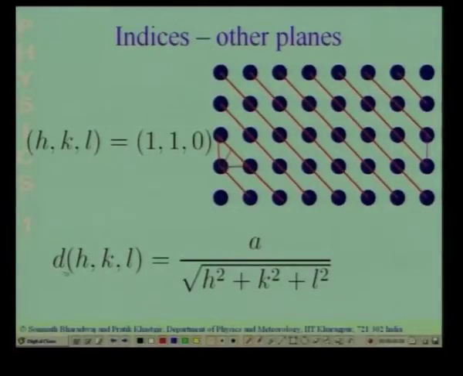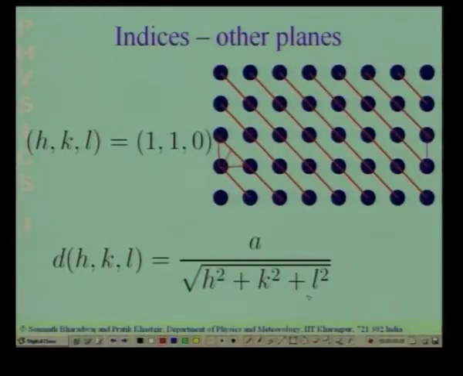So, in general, the interplanar spacing d, which depends on h, k, l, the three indices which label the planes, is going to be the interatomic spacing a divided by the square root of h square plus k square plus l square.